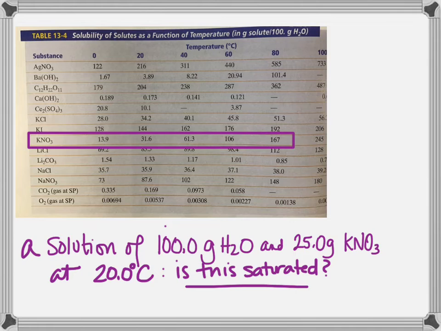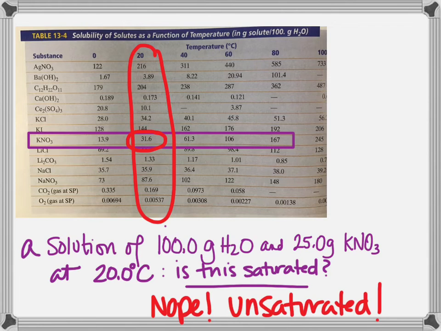Well, we would go in and look at the column for 20 degrees Celsius. We see that at 20 degrees Celsius, 100 grams of water should be able to dissolve 31.6 grams of potassium nitrate. What this means is that a solution containing 25 grams of potassium nitrate at 20 degrees Celsius is unsaturated. We could add more solute and get it to dissolve.